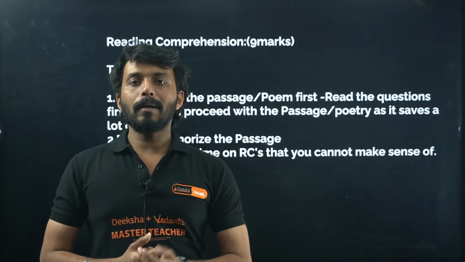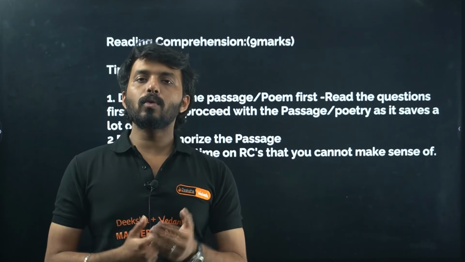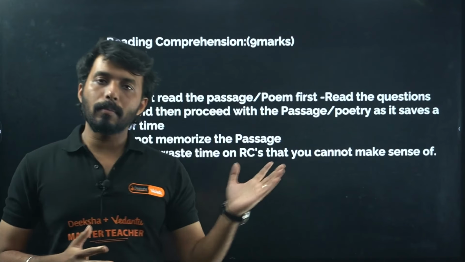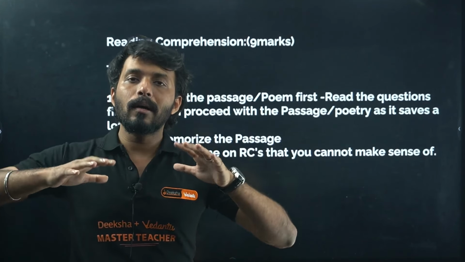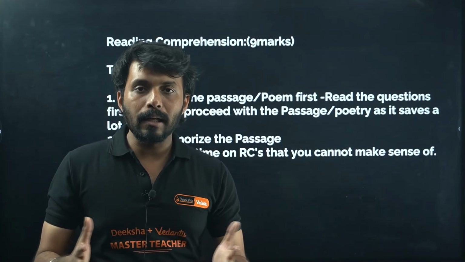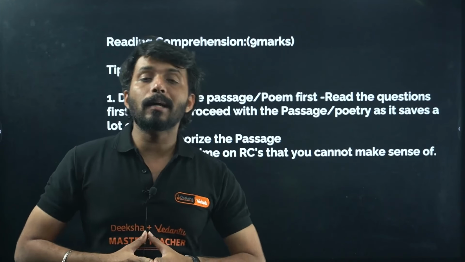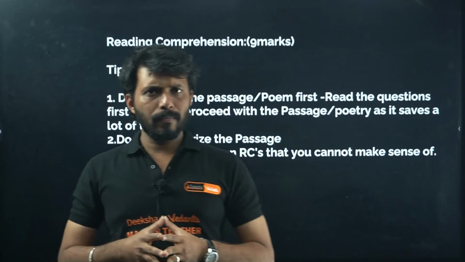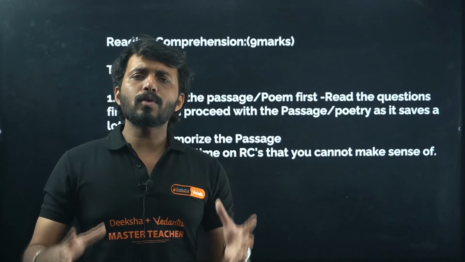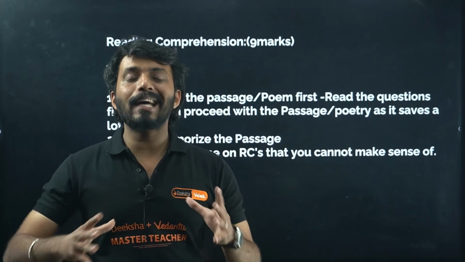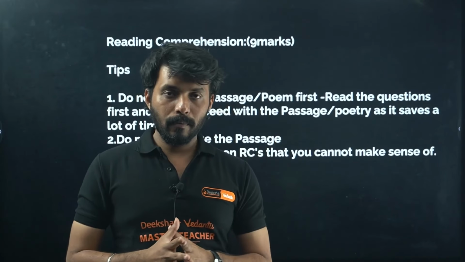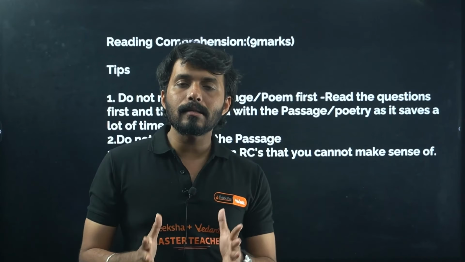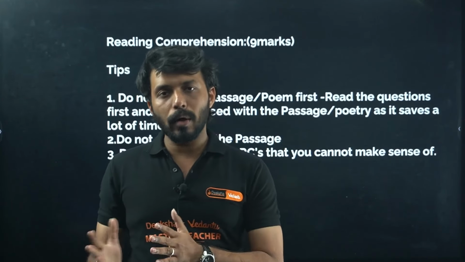But coming to the PUC reading comprehension questions, these are very easy. Toned down to the basic level, meaning you don't have to waste much time on the reading comprehension. Almost all the questions will have direct answers given in the unseen passage or the poem. I repeat, you get direct answers in the unseen passage or poem.